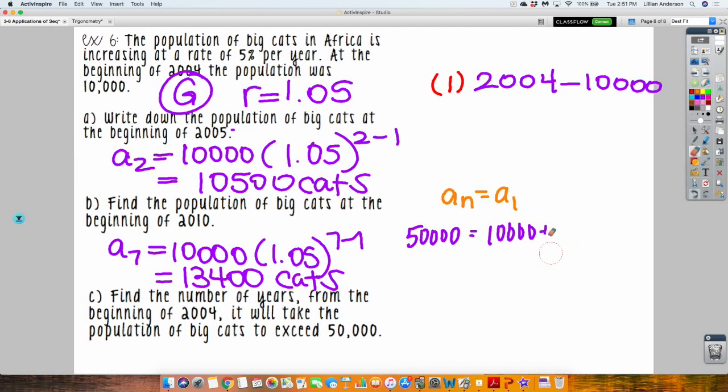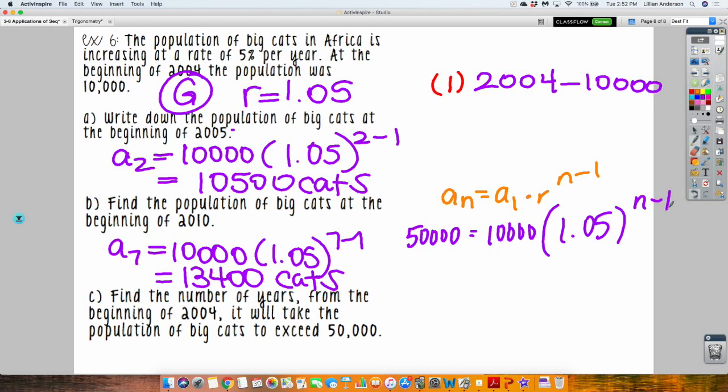My first is still 10,000. I'm looking for N. Oops. What did I do? I used arithmetic. My mistake. A quick fix. Ratio, N minus 1.